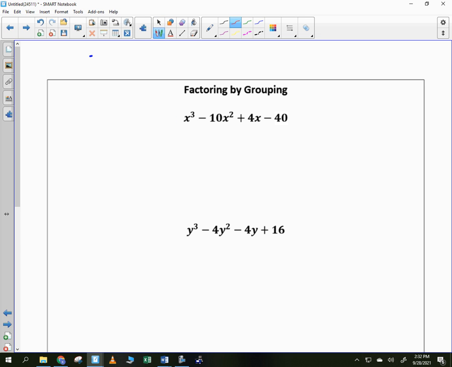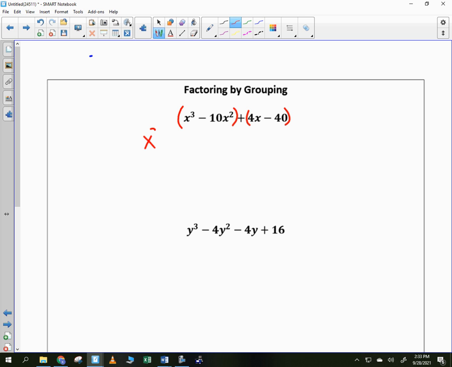So what we're going to do is group a set of terms together. We're going to group the first 2, and then we're going to group the last 2. And we're going to look for common factors from each set. What is the common factor that you can take out of x cubed minus 10x squared?